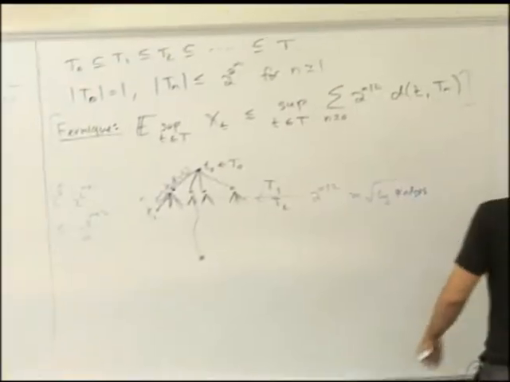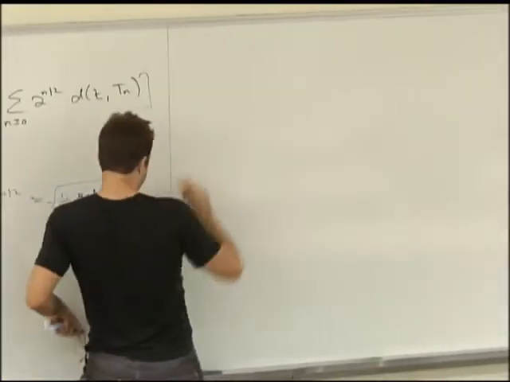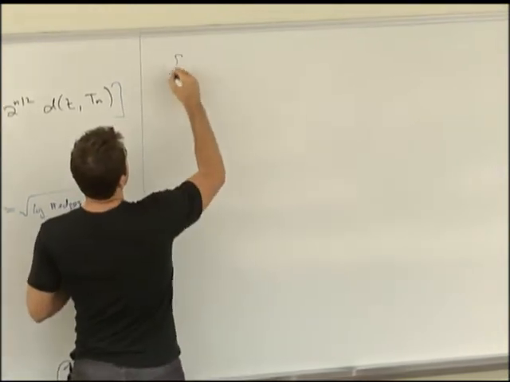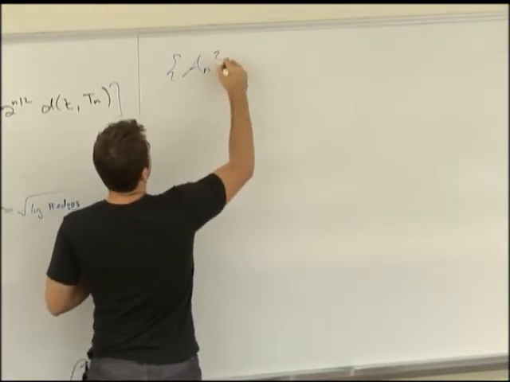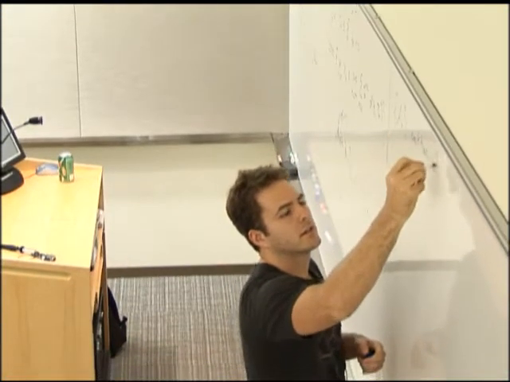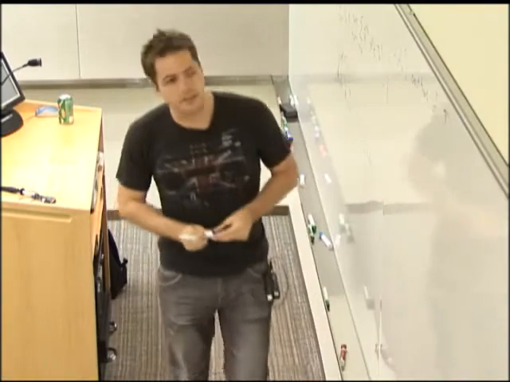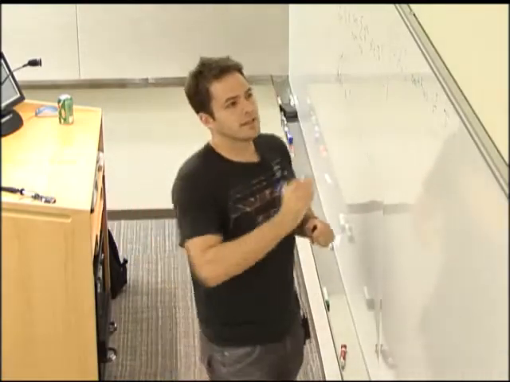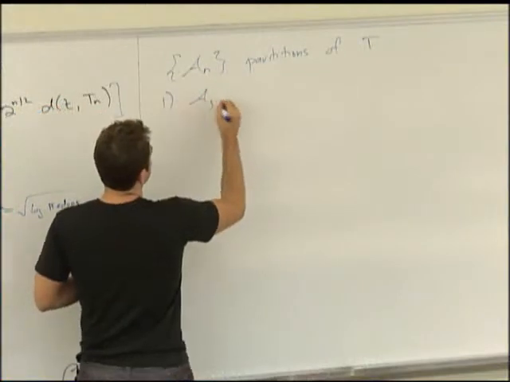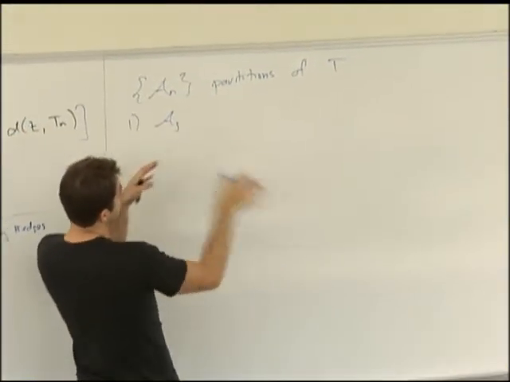Instead of thinking about subsets, let's think about a sequence of partitions of T. And it's such that it satisfies two properties. The first property is that it's a nested sequence of partitions.